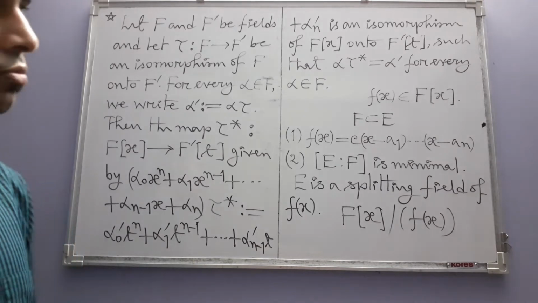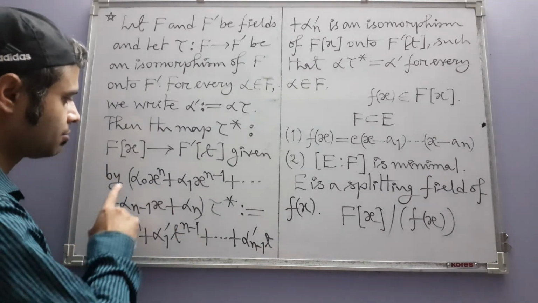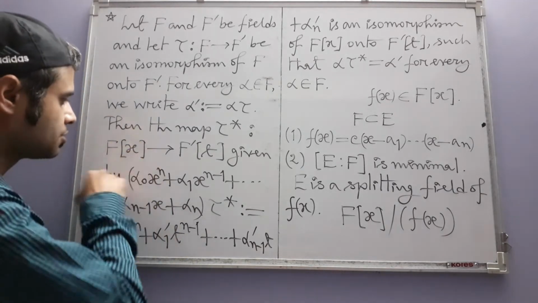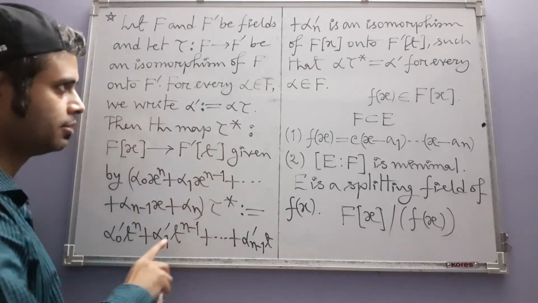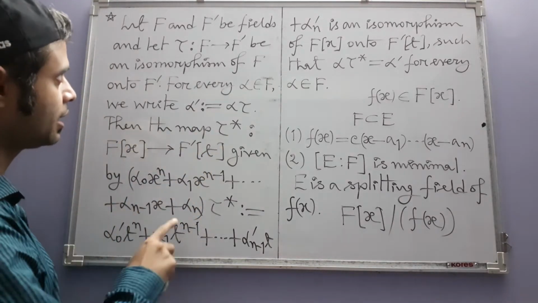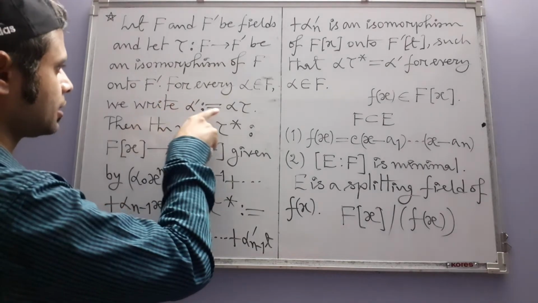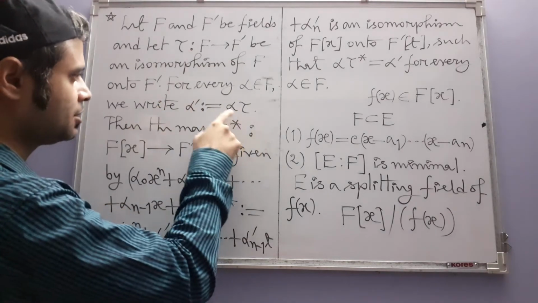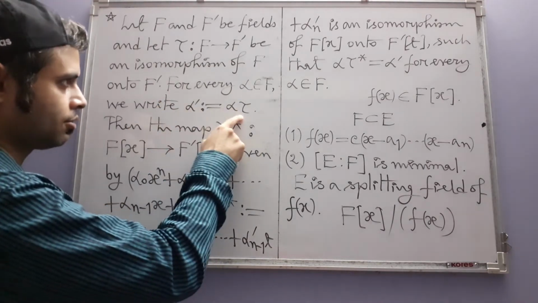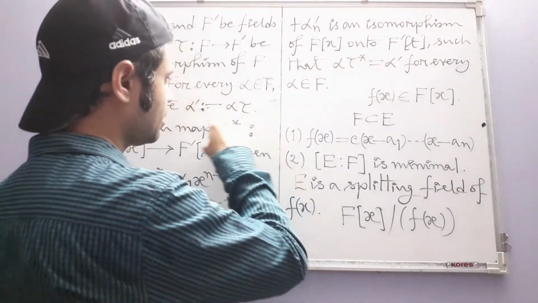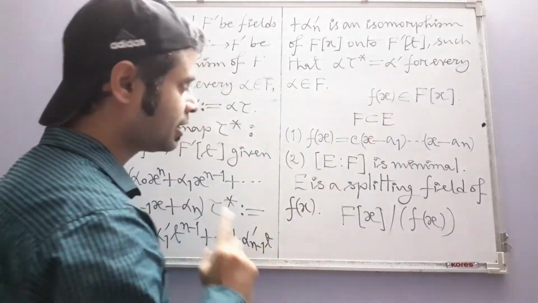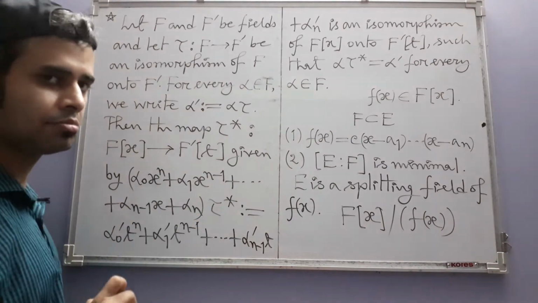So already we have a ring isomorphism between this polynomial ring and this polynomial ring, which behaves exactly like tau itself behaves. Just like tau on the field elements, tau star has the same behavior.